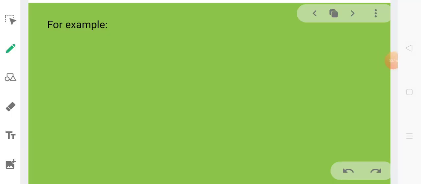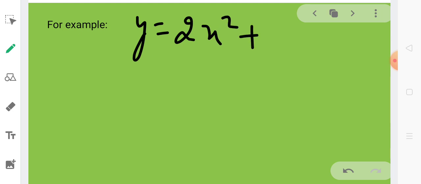For example, we considered an expression for y. y = 2x² + 3x + 4. So you can see that we have written down an expression for y. As x will change, so will y.